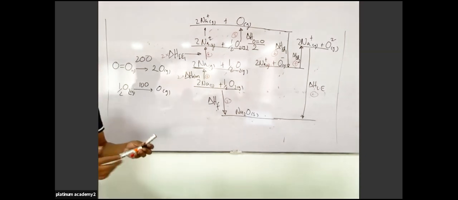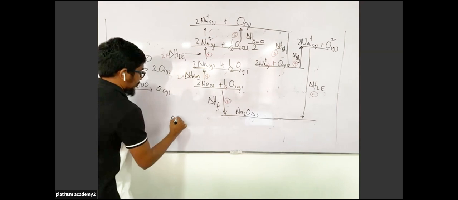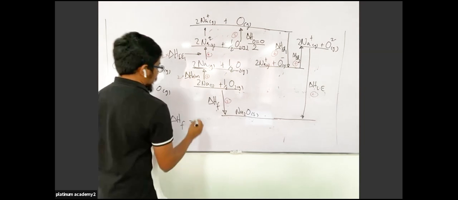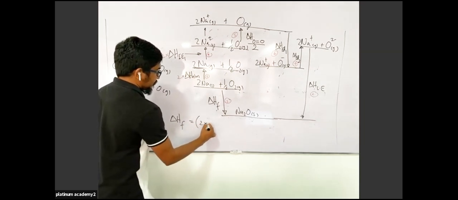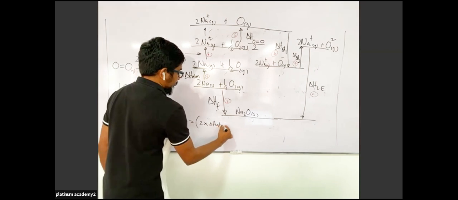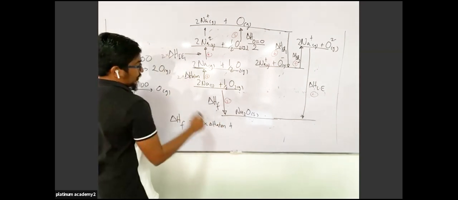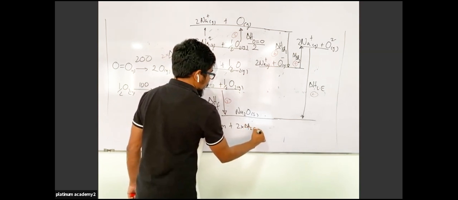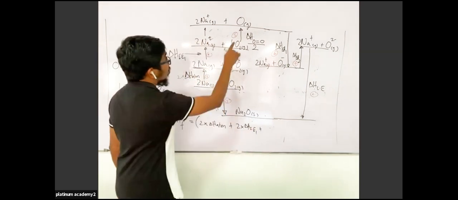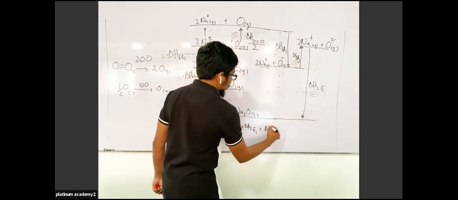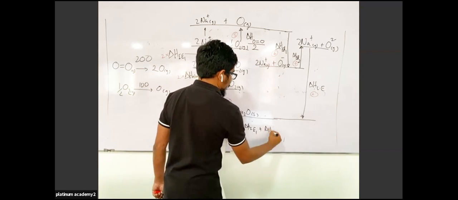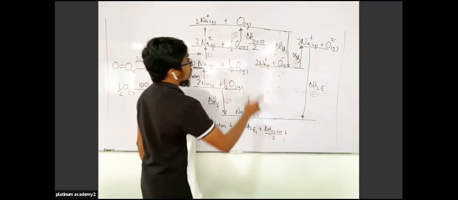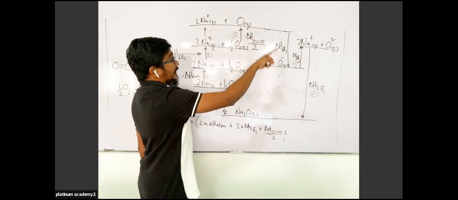So the formation enthalpy is equal to 2 times atomization plus 2 times the first ionization, plus half the bond energy of oxygen, plus electron affinity 1, electron affinity 2.